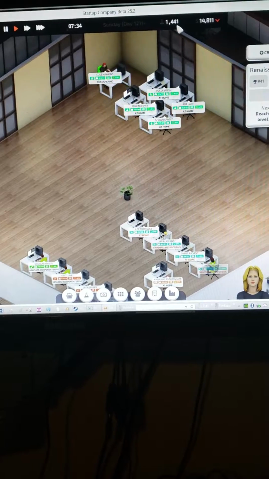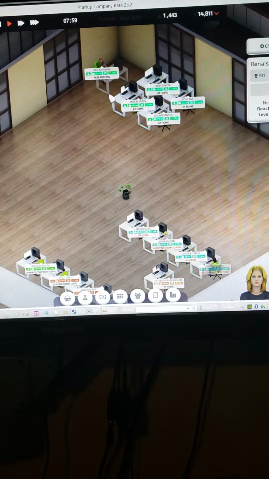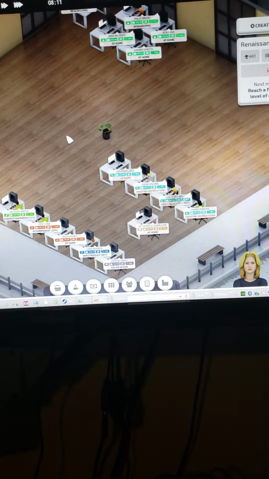I've been stuck at this total around 1,200 for a few days now, and I'm running out of money, so that was kind of frustrating.